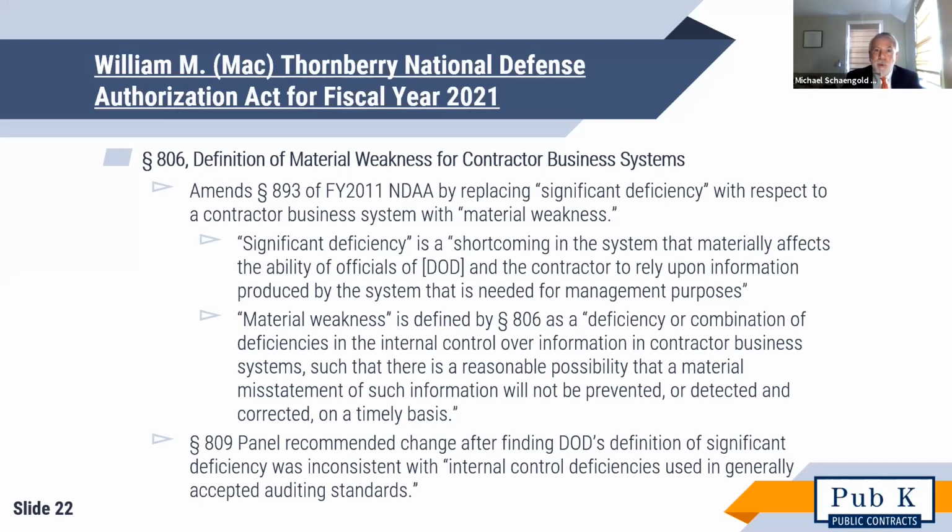The 2021 NDAA's joint explanatory statement indicates that the purpose of this change is to eliminate confusion about the seriousness of deficiencies in DoD contractor business systems and provide for a more nuanced approach to classifying such deficiencies by aligning the standards used to evaluate contractor business systems with generally accepted auditing standards.